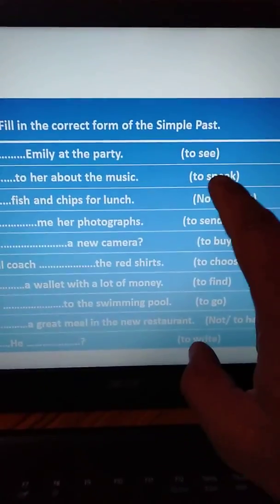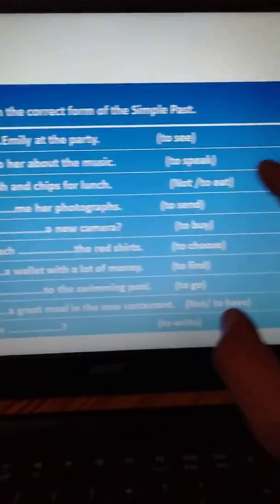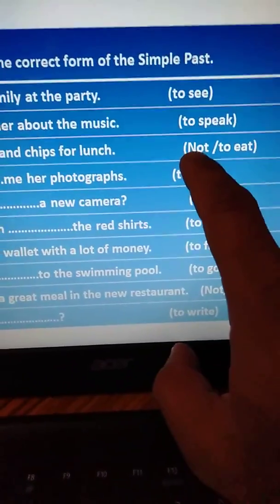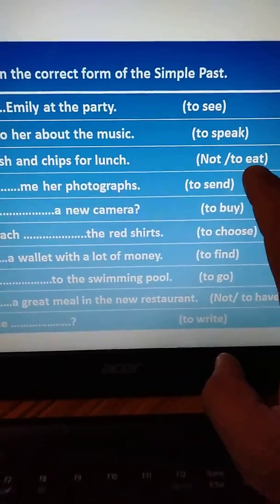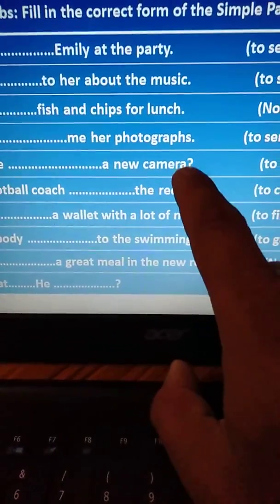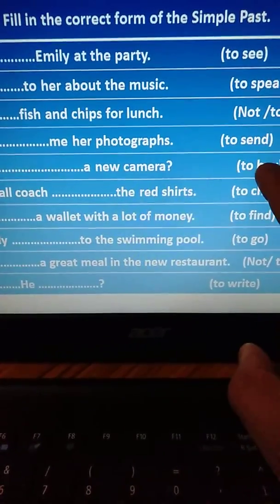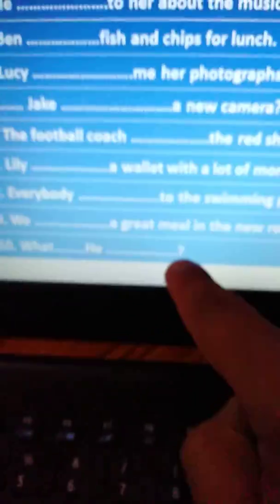Of course, if it is positive, I write it like this: to see, to speak, etc. If you have not plus the verb, so the verb is negative. And look here, if you have the question mark at the end, so this one should be a question, like this one and the last one.